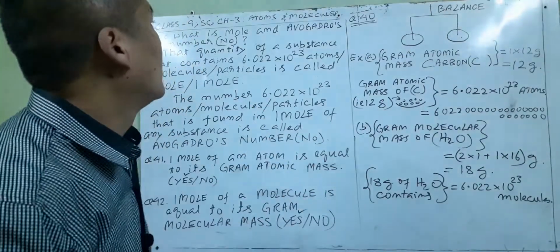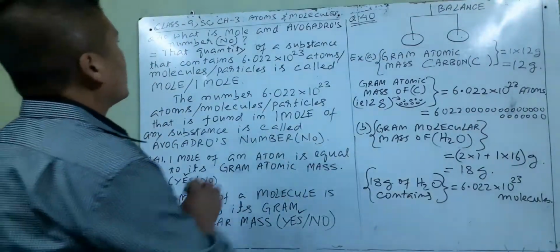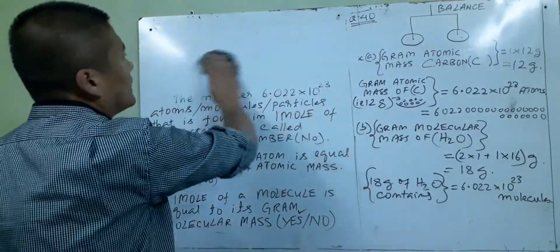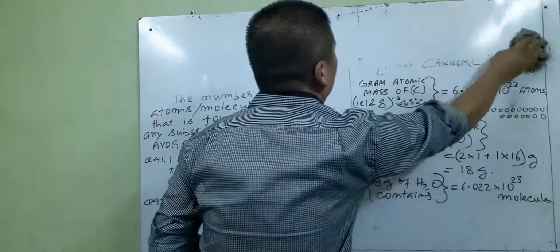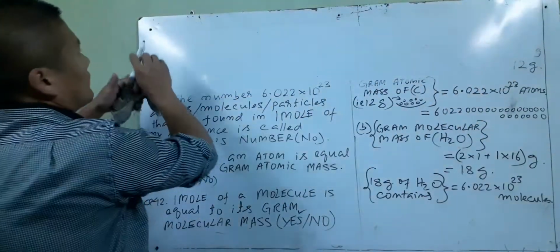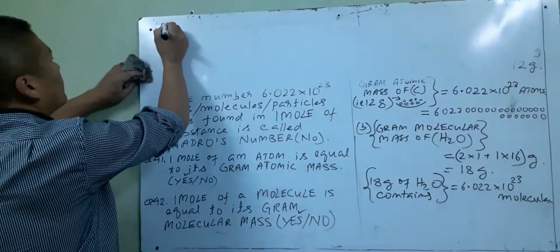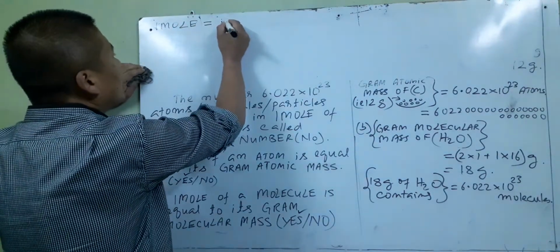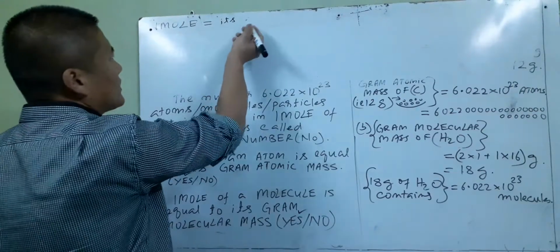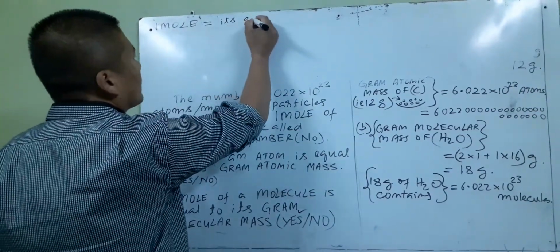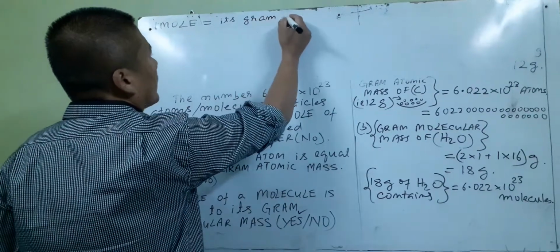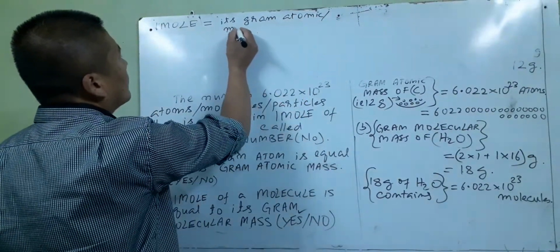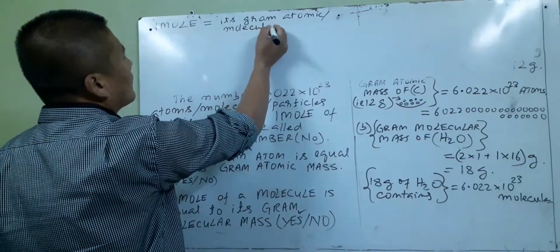From here we can derive a formula that is going to be the basis of 70-80% of the numericals that we're going to do in this chapter. So let us write that formula here. Just write down: 1 mole of any substance is always equal to the gram atomic or molecular mass.